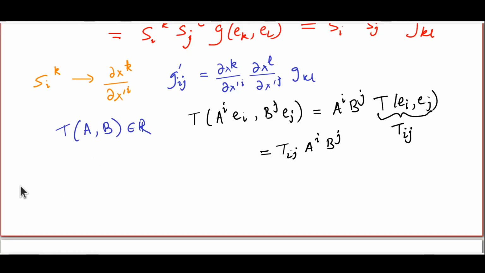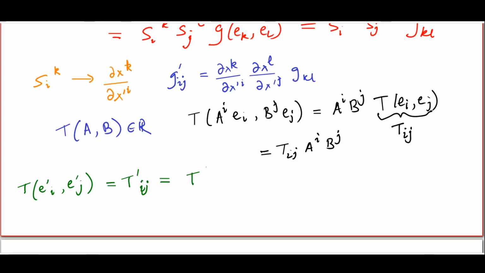Again, following along the lines of the metric tensor, if we want to find out what happens to the coefficients or components T_ij under the coordinate transformation, all we have to do is figure out what T does when it acts on e'_i and e'_j. This of course will be T'_ij, or the ijth component of T in the new frame.